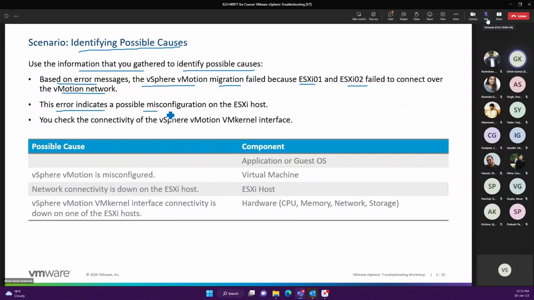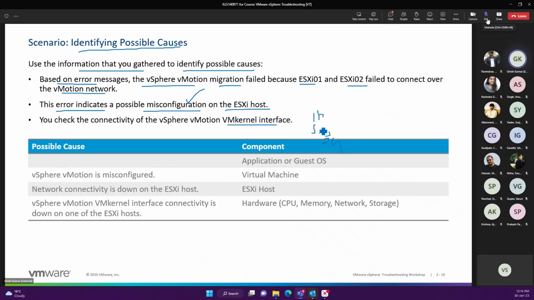This error indicates a possible misconfiguration. That is the scope of this training, recovering most of the problems that are due to misconfigurations. At the ESXi level, we get a VM kernel adapter. While creating a VM kernel adapter, you need to define the IP address, subnet mask, and default gateway.